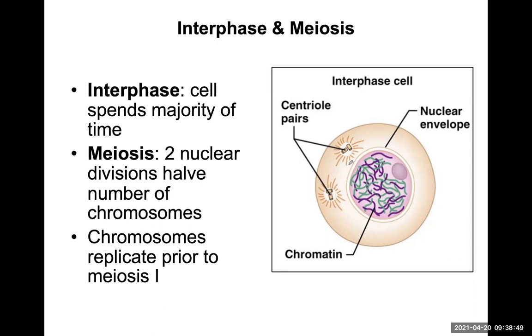The goal of the first phase of meiosis is to scramble up the genetic information within the cells that are going to divide out to become the gametes. And the second phase of meiosis is essentially just mitosis. That'll make sense in a moment as we go through the different phases.